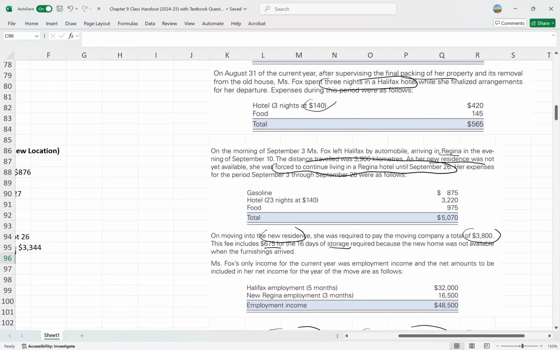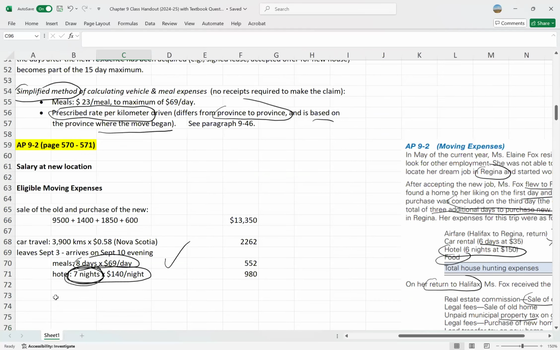That $3,800 includes this $675 storage. So we don't have to remove the storage amount of $675 because that is allowable as well. So we can include the full 3,800. So let's add that to our list up here. The moving company.